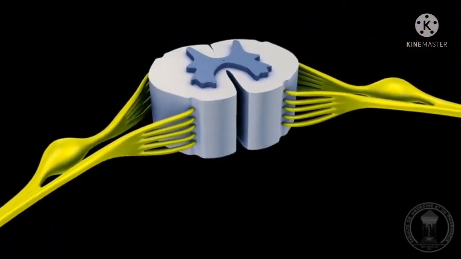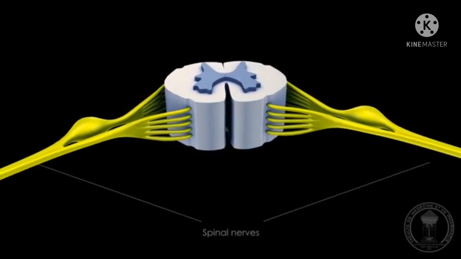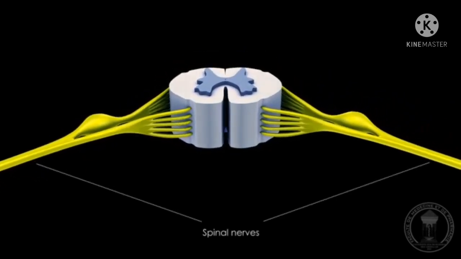Efferent means moving outside. These two roots join to form spinal nerves.